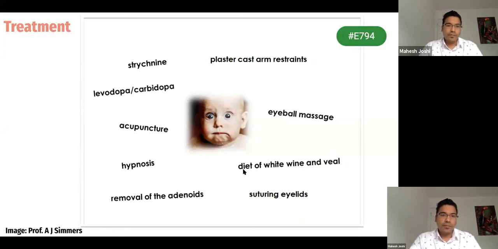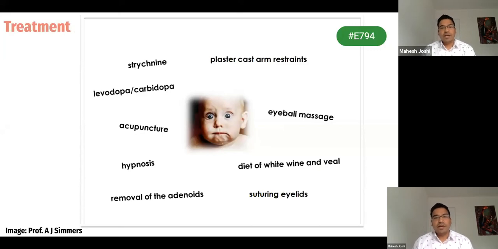We'll come to the treatment, because I want to focus more on the treatment side of amblyopia. Amblyopia as a condition has been known for quite a long time. It's probably from around 850 AD that the term amblyopia was first coined; there is a record of that.